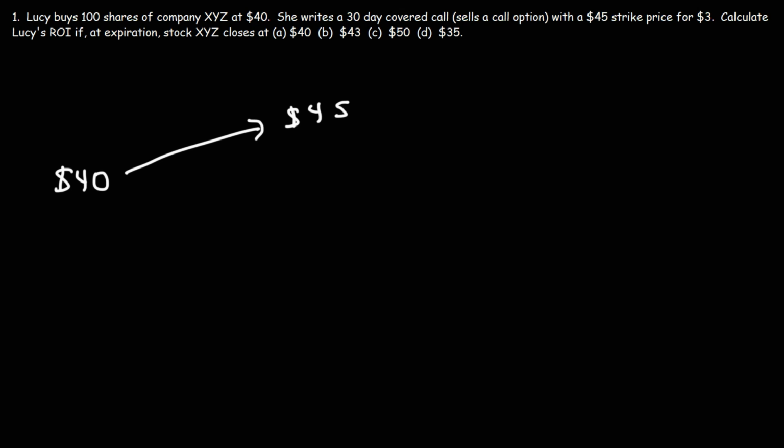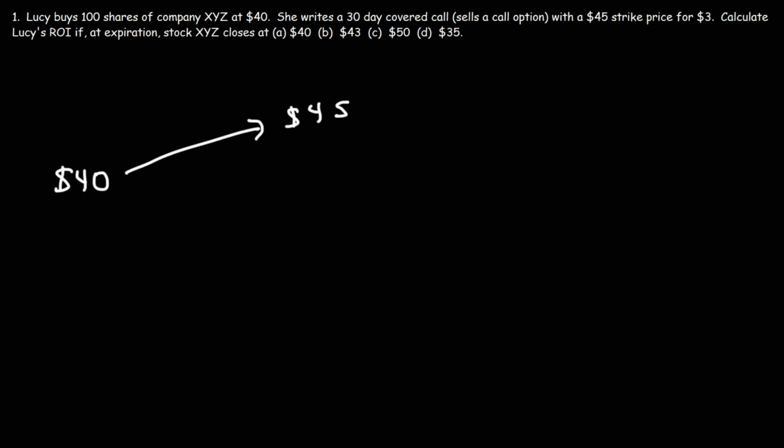So whoever Lucy sold the call option to has the right to buy it at $45. And it only makes sense to buy it at $45 if the price of those shares is $45 or more. Because if the stock closes at a price below $45, the option expires worthless.